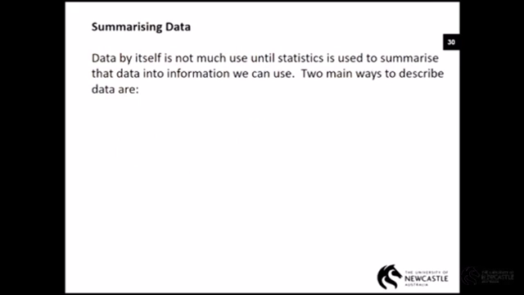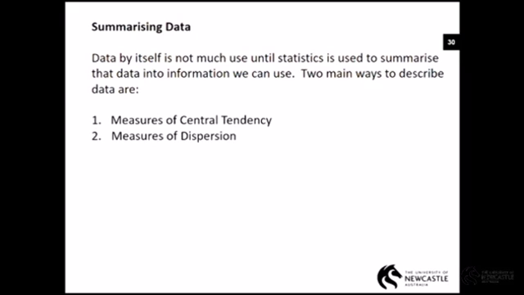If we've got a table or a spreadsheet full of numbers, it's really not much use to us. But the two main ways to describe data are measures of central tendency, which describes where the centre of the data is, or measures of dispersion, which talks about how varied the data is. If I was looking at this bit of data, with lots of these results and not many of these, its centre is right there.